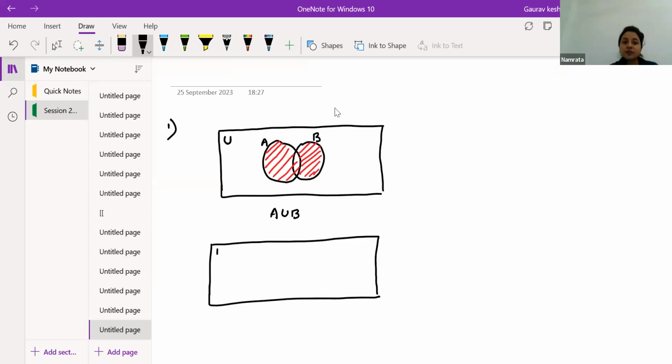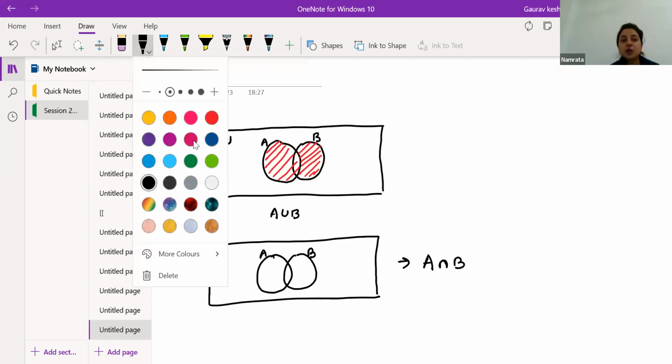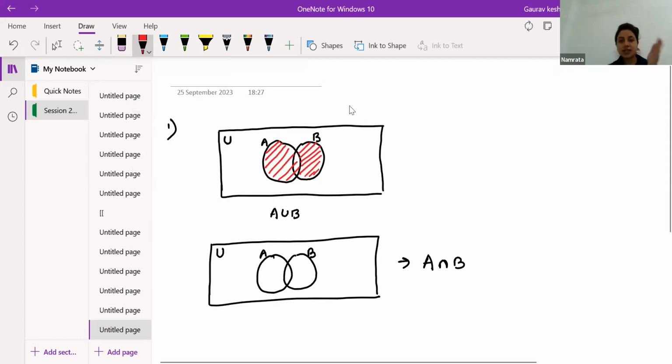Here we will draw set A, set B, and as we understand, when we have to represent the intersection between set A and set B, it will be the common region enclosed by set A and set B. Like the common region which is already there in set A and which is also there in set B. So can you see this one is the common region? Yes. So this is the Venn diagram for A intersection B.